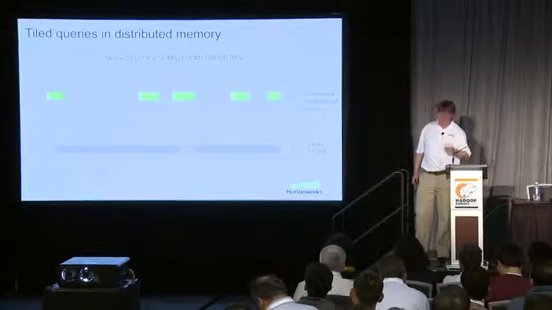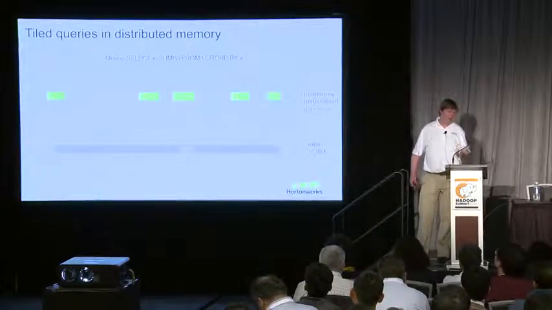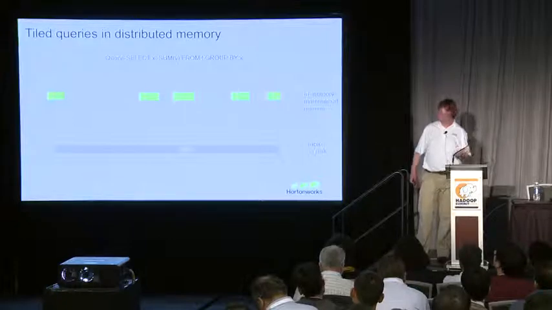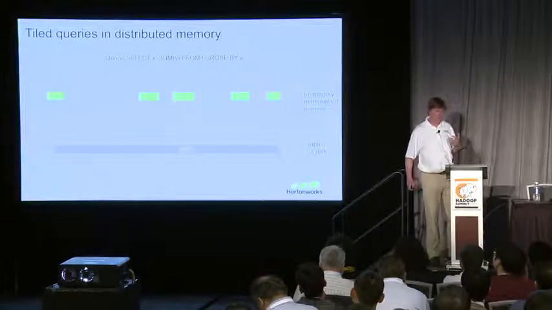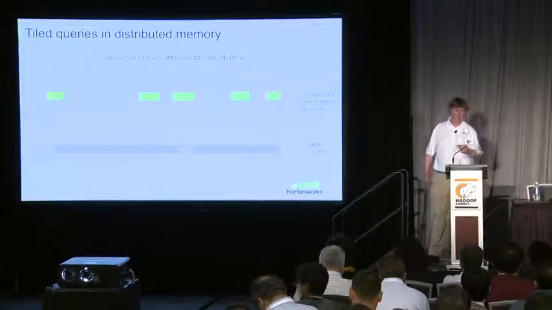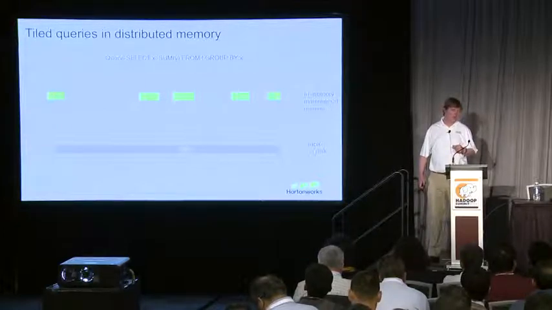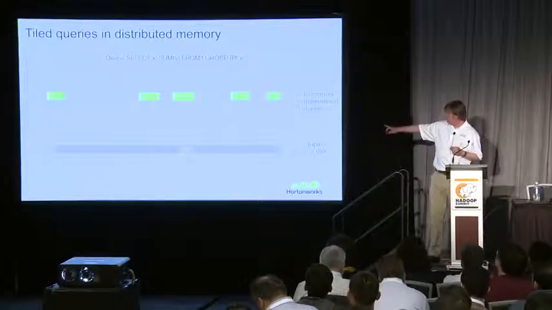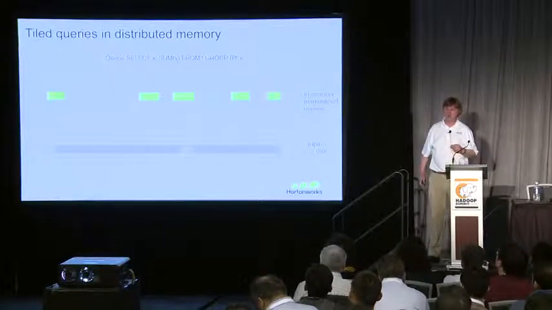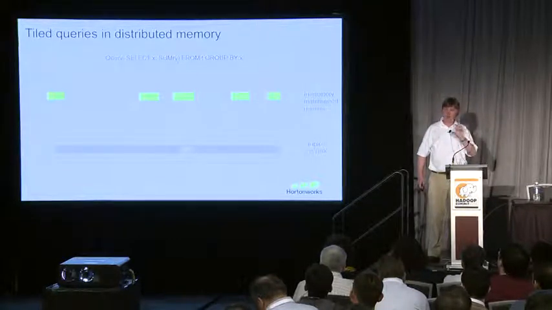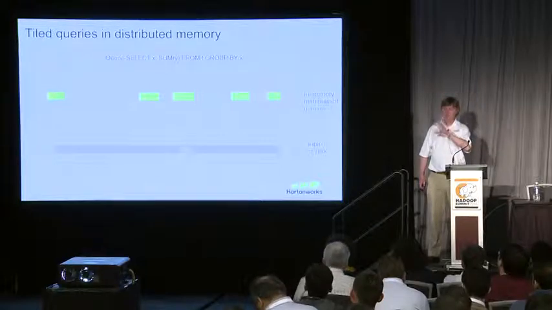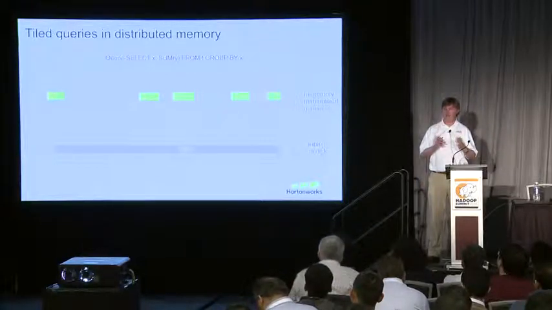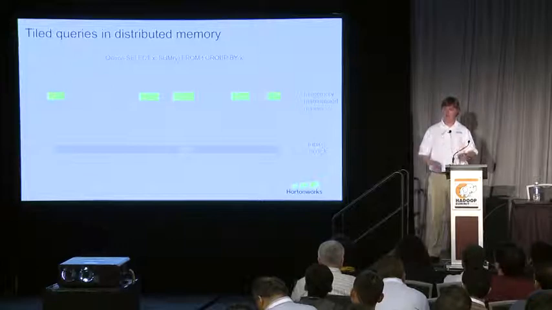This is a more advanced case. Let's suppose we're executing a query, select sum of column Y, group by column X. And on the base table, there isn't a materialized view that covers the entire table, but the optimizer notices that it's got a materialized view covering the first part of it, and another materialized view covering the last part of it, and the stuff in the middle isn't covered, so it just goes to the base table.